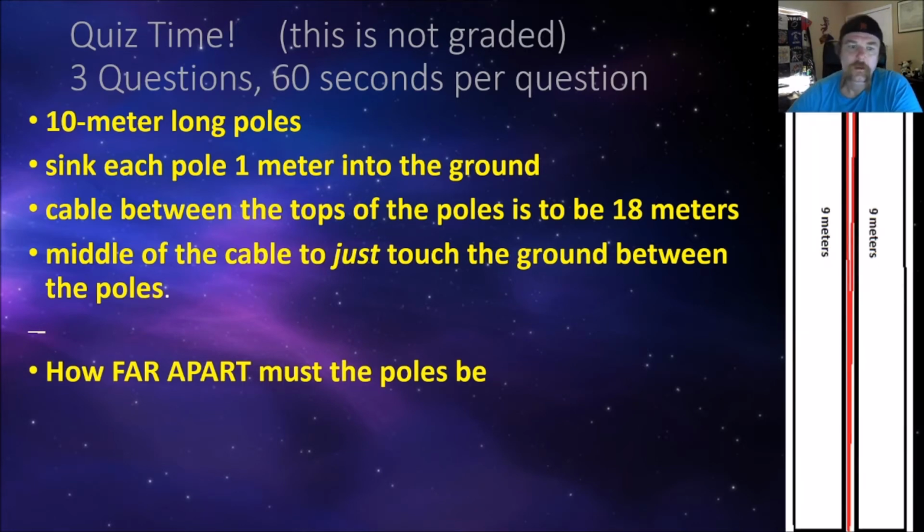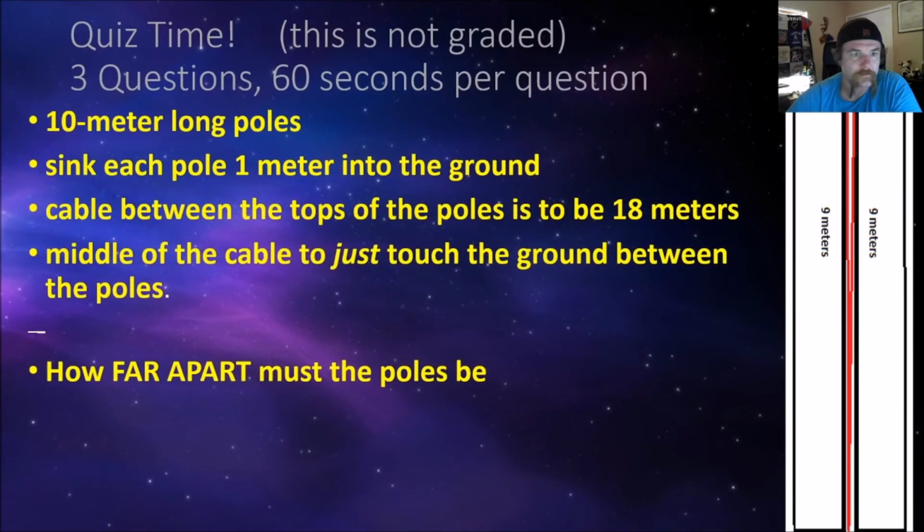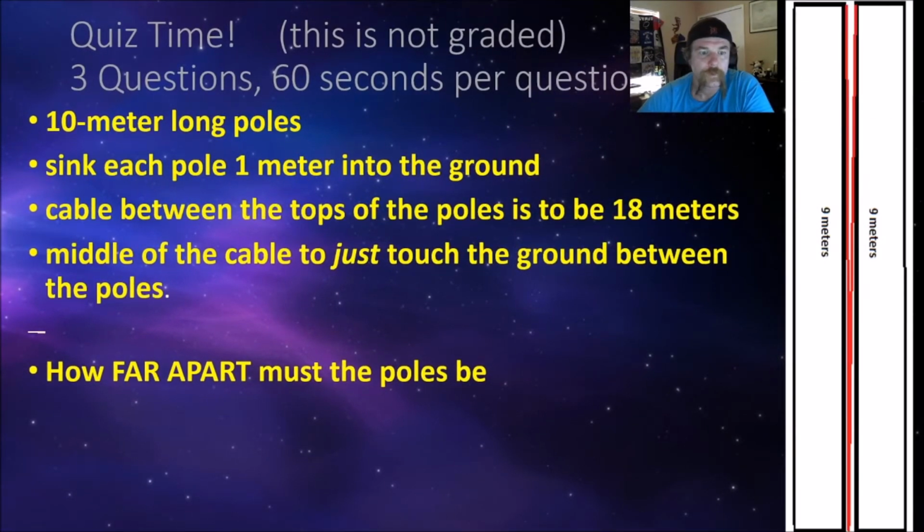All right, so if each pole is 9 meters tall and the cable is 18 meters long, well, that means that it goes down 9 meters and back up 9 meters. That means that the poles have to be right next to each other in order for this to work.